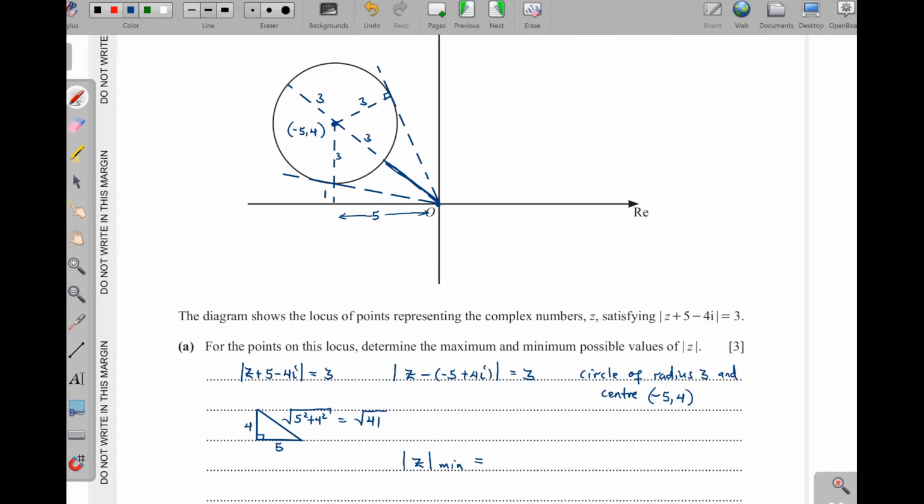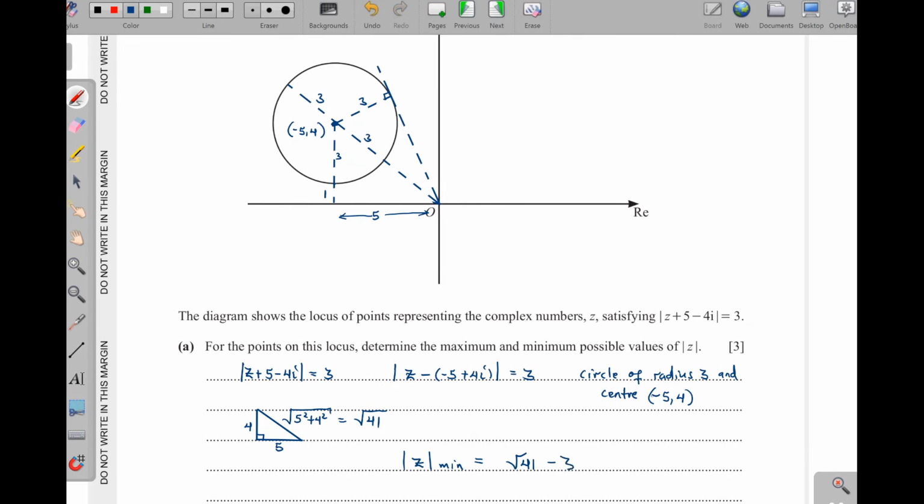You see that? Now, I actually don't need this line here. We can even take it off because we don't need it anyway. So the minimum is going to be from here up to here. We have gotten it as root of 41, not so? Then subtract off this 3 here, then you will get this distance here.